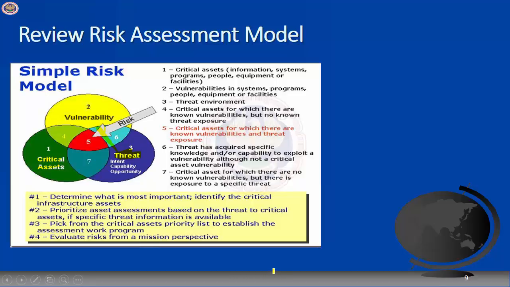And when you're doing a risk assessment, what is most important is to identify the critical assets, vulnerabilities in the system, the threat environment, and you need to identify the critical assets which are impacted based on the known vulnerabilities, and you will look at the impact on account of the threats actualizing in terms of the exposure. These critical assets, which have the known vulnerabilities applicable to the organization, need to be reviewed and evaluated. And for this, you need to have the right level of controls.